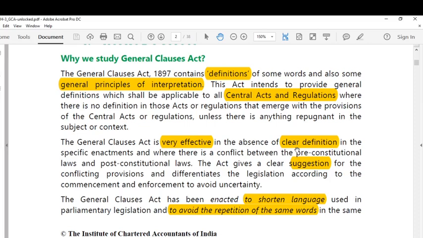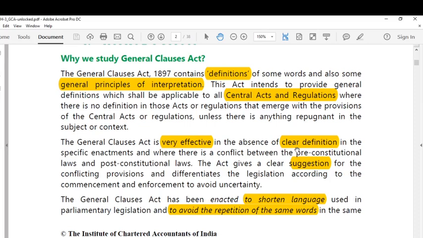And apart from that, there are certain pre-constitutional laws and some post-constitutional laws, which means before 1950, say, and after 1950.